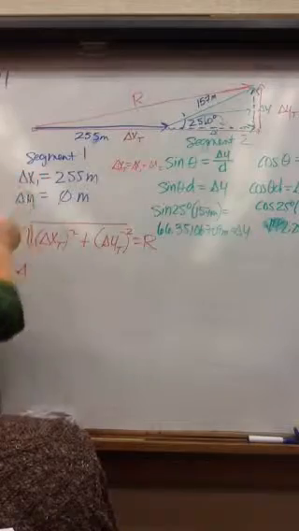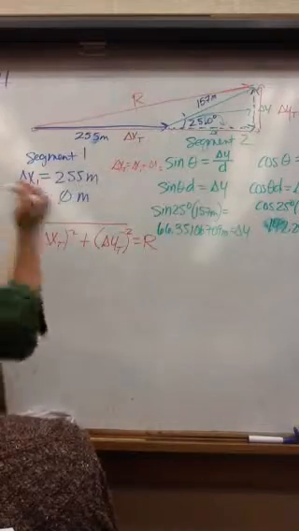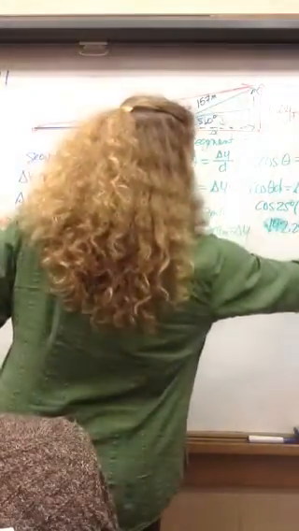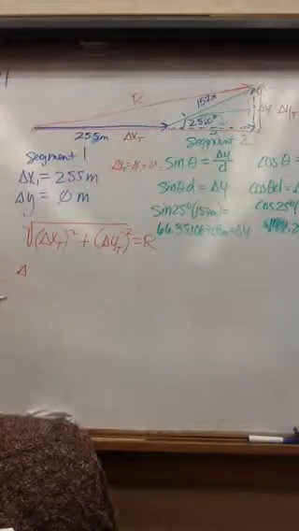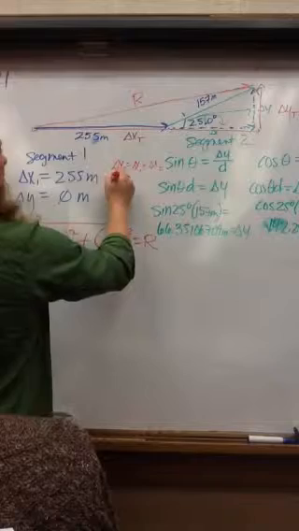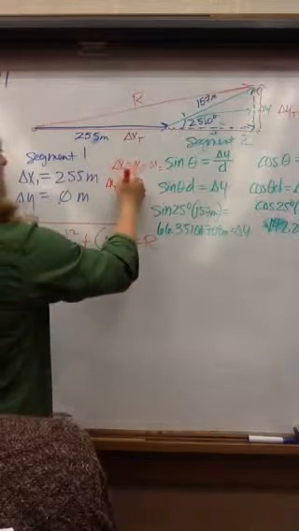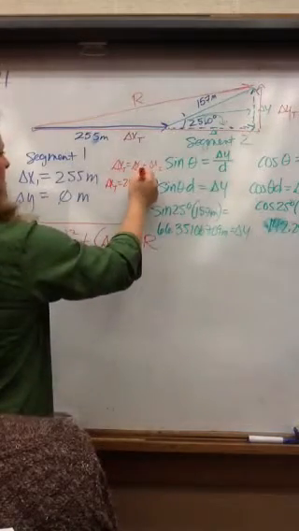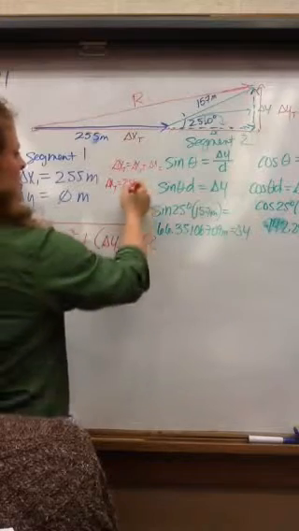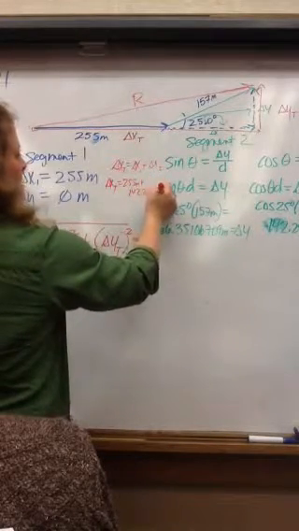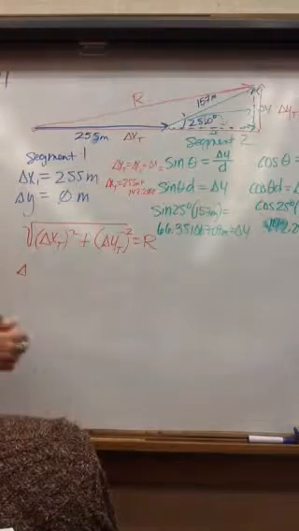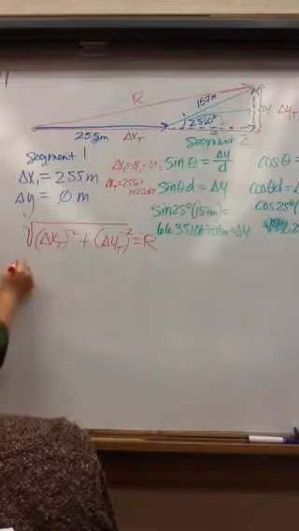This is delta x1, delta x2. So delta x total is 255 meters plus 142.290, etc. And we want to keep all those numbers.